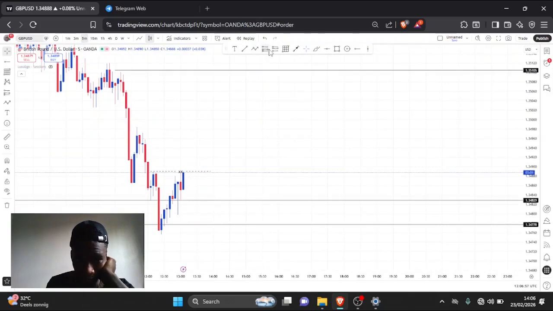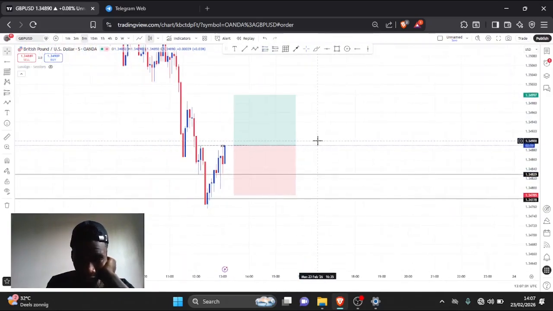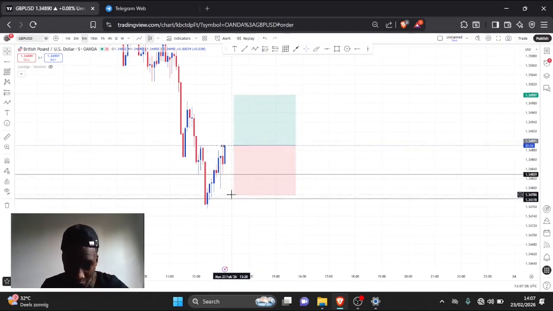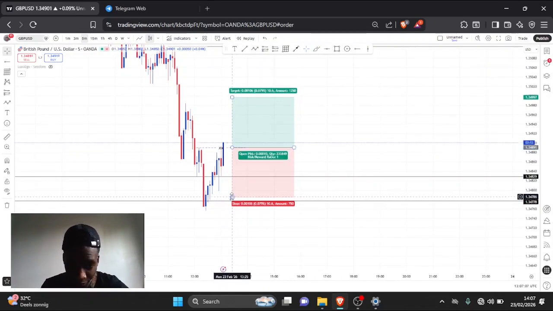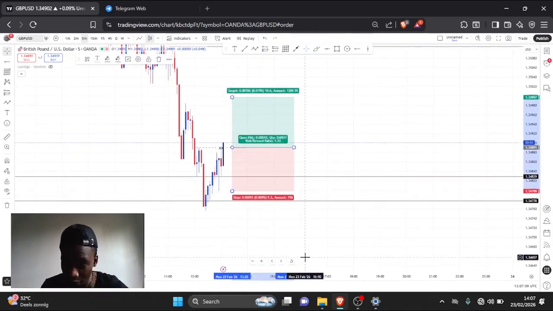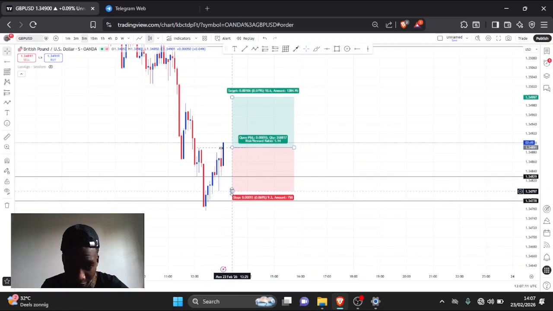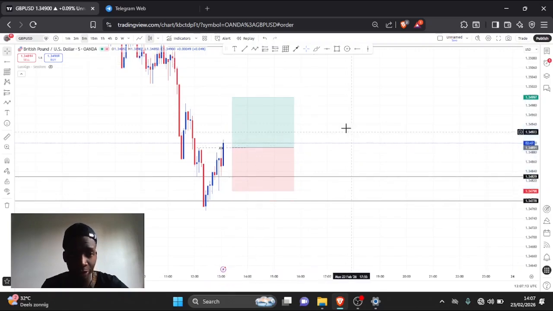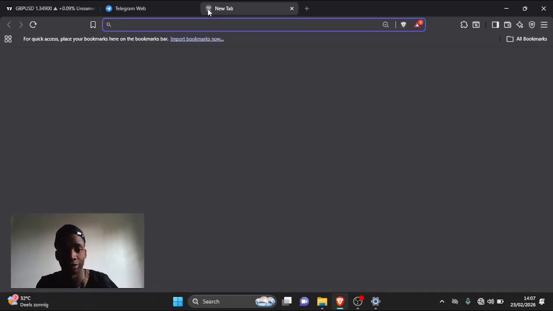Right, this is the perfect time to start calculating your lot size. Our stop loss is going to be beneath this point, and that is 9.3 pips. I'm going to go to my FX book.